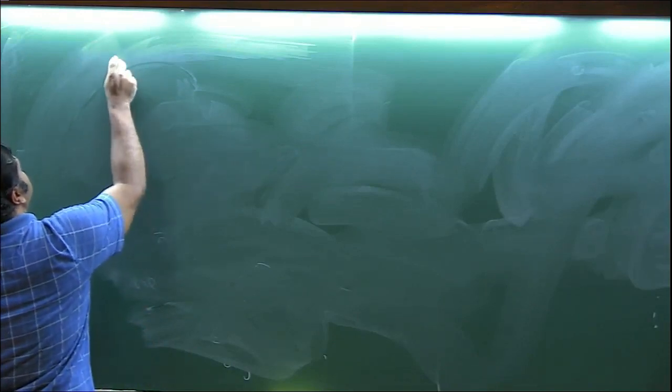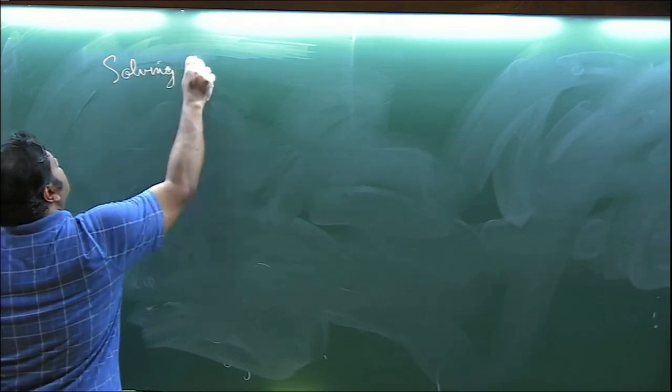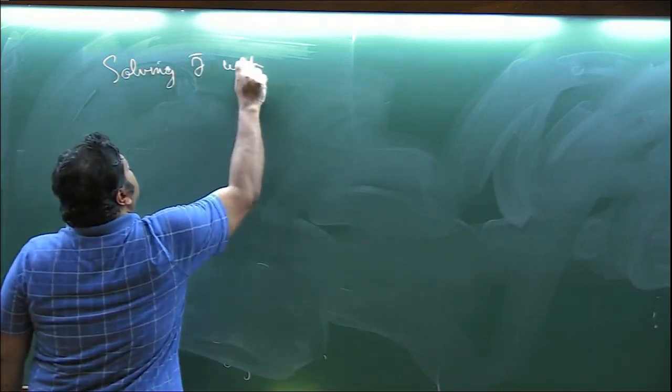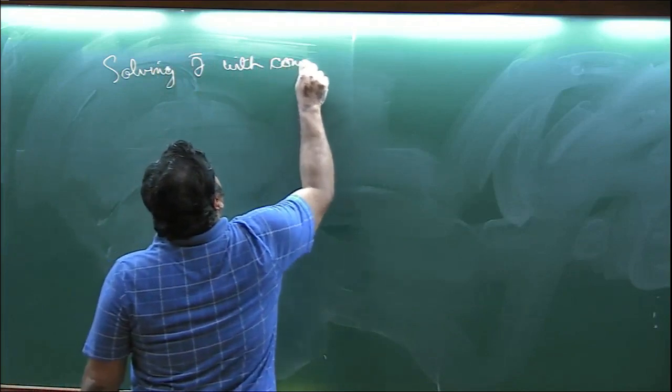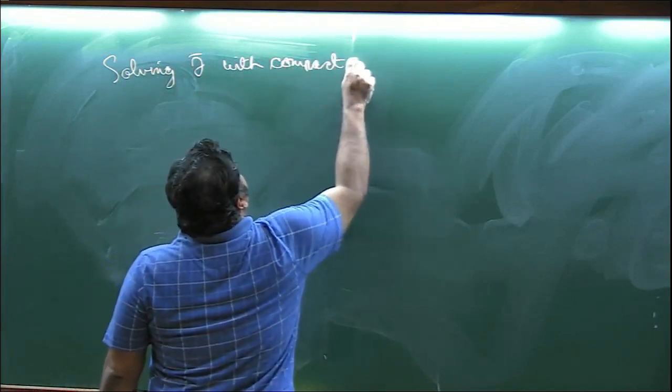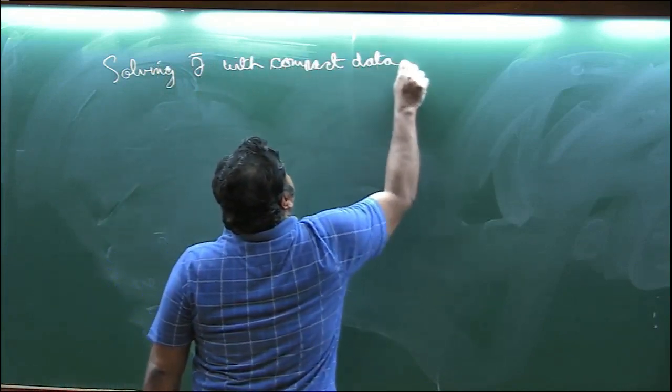So let us recall the situation in one variable with compact support: solving d bar with compact data in one variable.